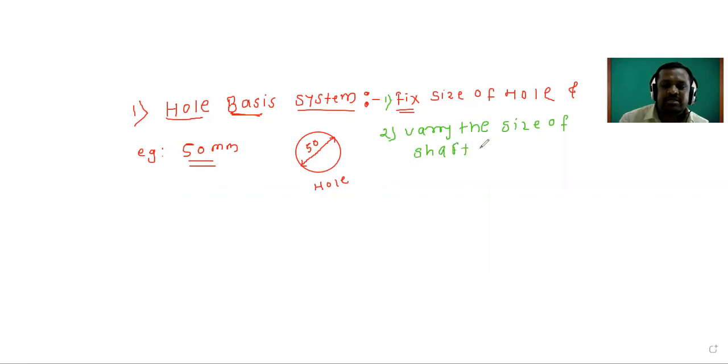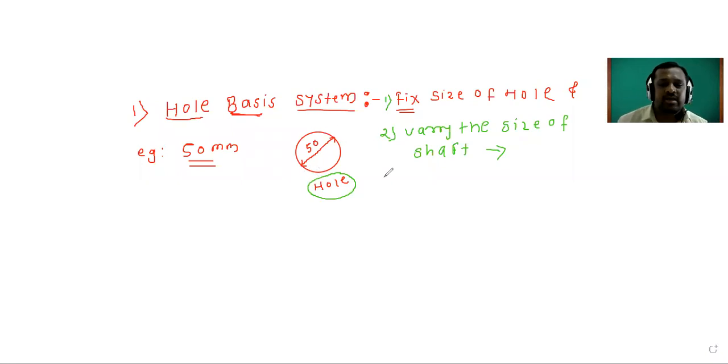What are the different fits? To vary the size of shaft for achieving the various fits means to achieve the clearance fit, the interference fit, the transition fit. We have to just vary the size of shaft. In the hole basis system, we fix the size of hole once. Once we have fixed the size of hole, we should not allow it to vary.